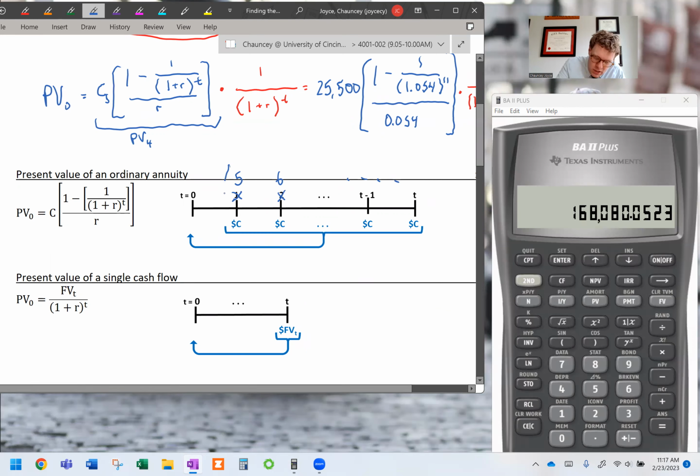So if your payment starts at time 5, this equation will give you the value 1 period before that. So it'll give you the value at time 4. So then we take that value at time 4, and we need to discount it 4 periods here. That's why these had two different equations, and there's two different parts.